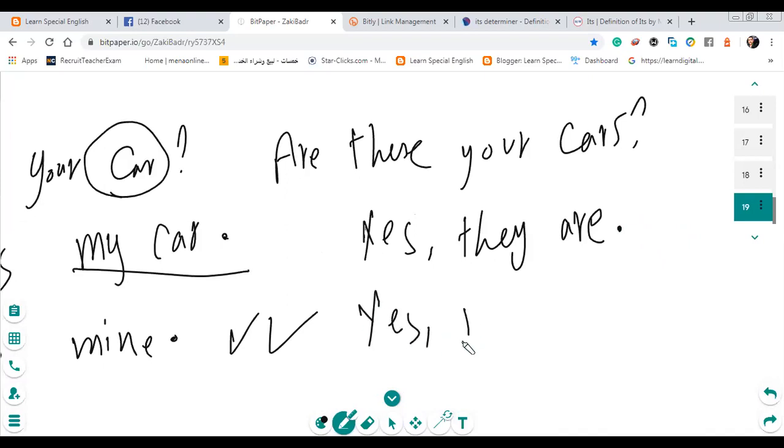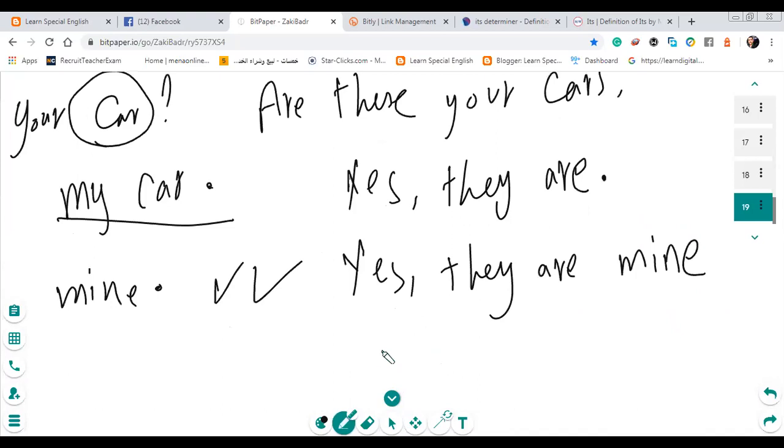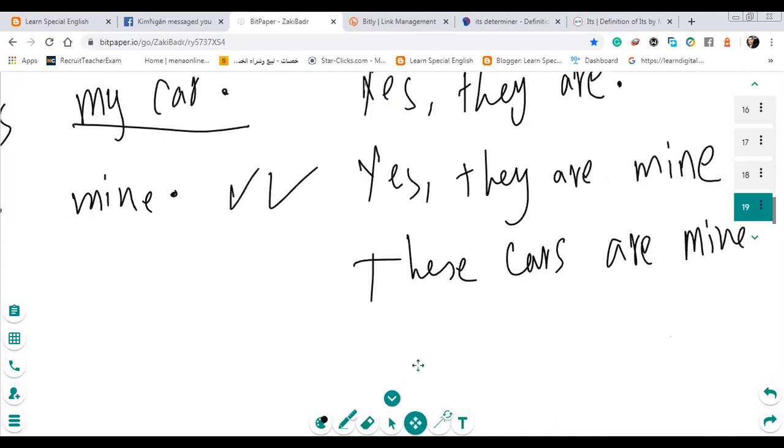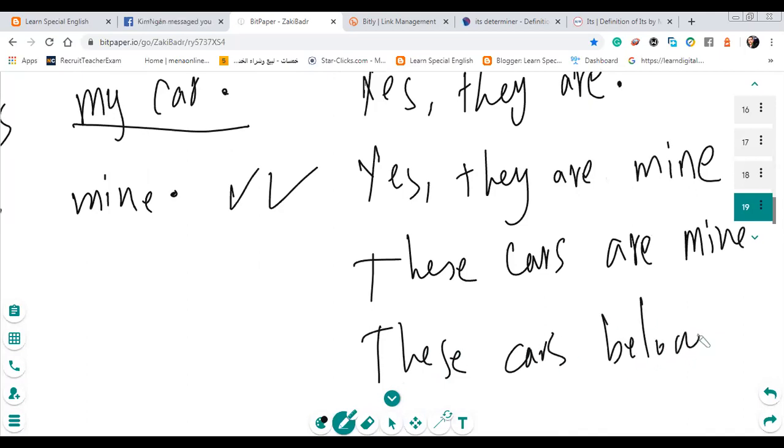Yes, they are mine. These cars are mine. These cars belong to me.